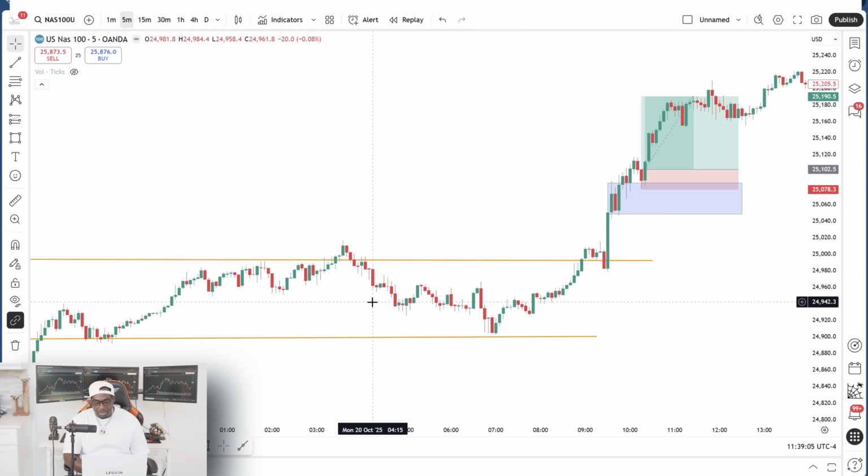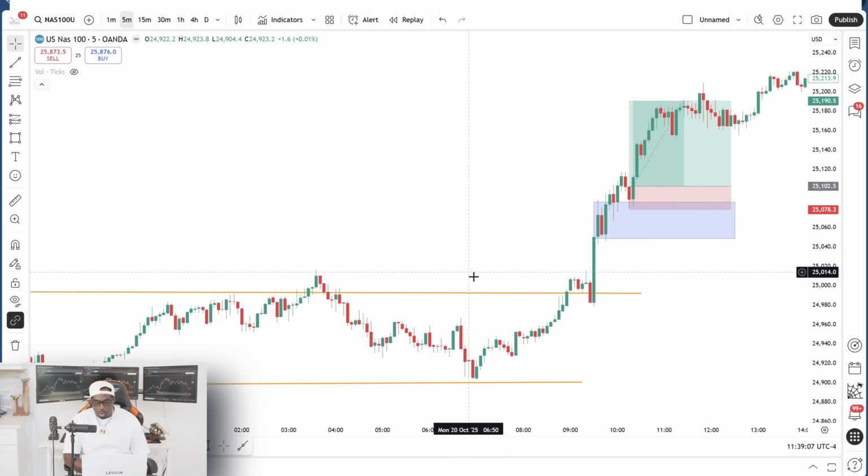So sometimes if the breakout is so strong, it doesn't pull back. You have that initial breakout, but sometimes it will form another level, and you just got to play that level, okay? All right, so let me show you guys another example.